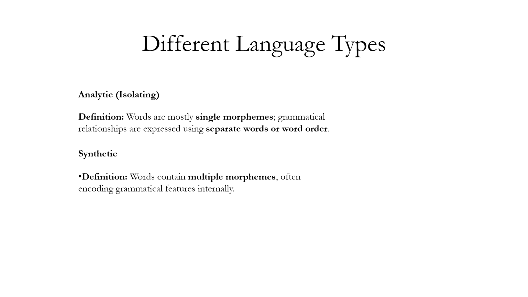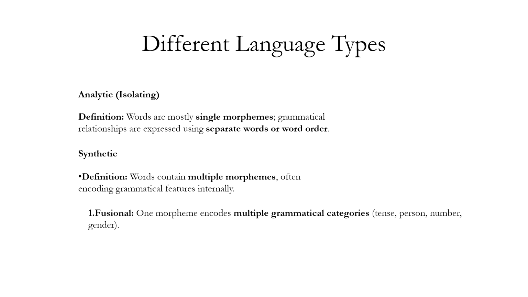And out of the synthetic, we've got one, fusional. One morpheme encodes multiple grammatical categories: tense, person, number, gender. We saw that with the French example. And then two, agglutinative. Morphemes glued together, each representing one grammatical category.